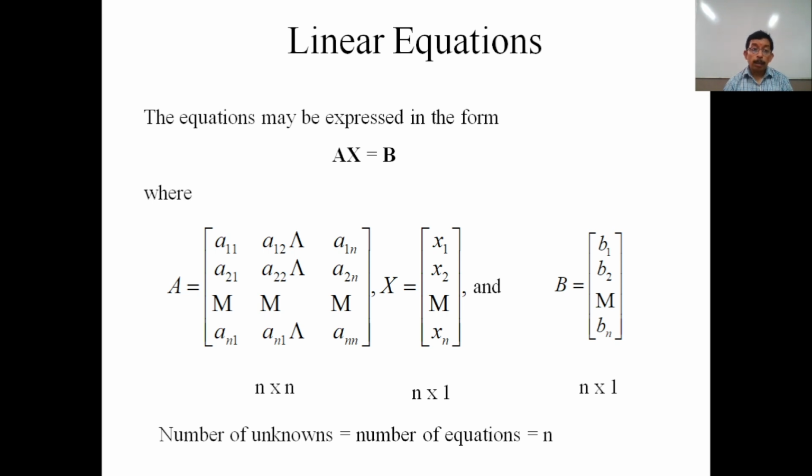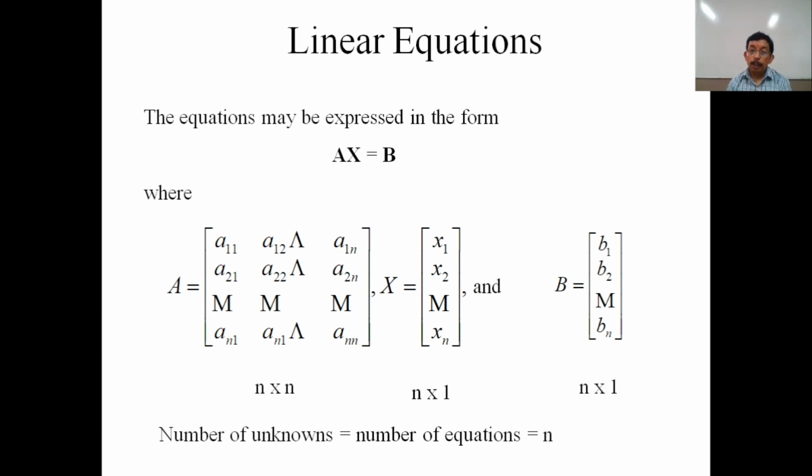These form the matrix of coefficients of the unknowns, and X is the unknown values. Suppose there are n unknown values, then X represents the unknown value matrix, and B is the constant values given on the right hand side of the equation.